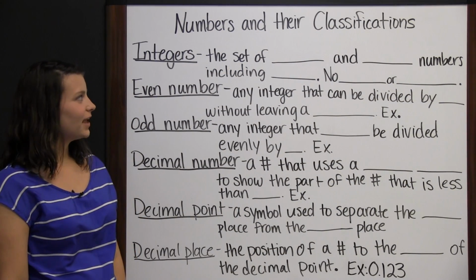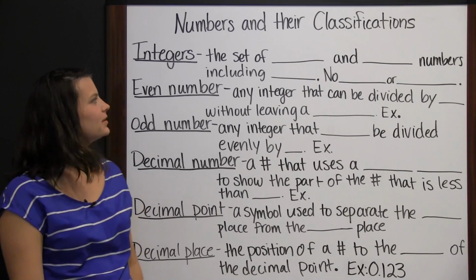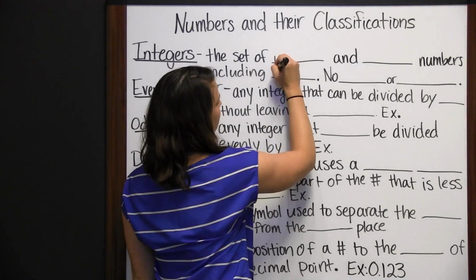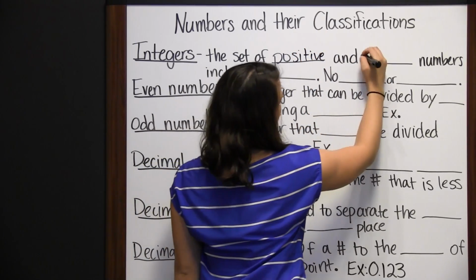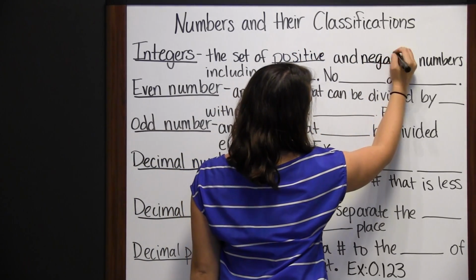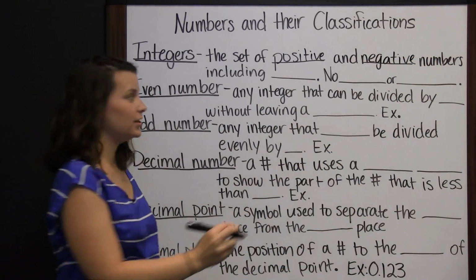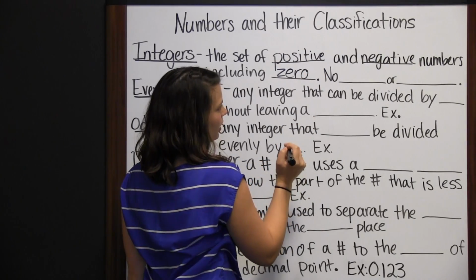Numbers and their classifications. First we have integers. Integers are the set of positive and negative numbers, including 0, which is neither positive nor negative.